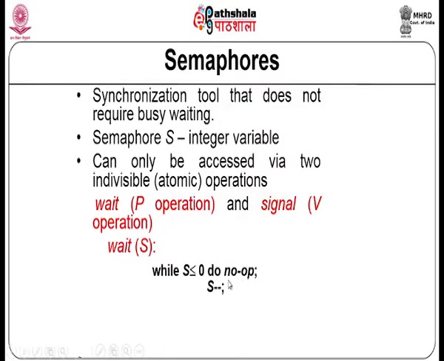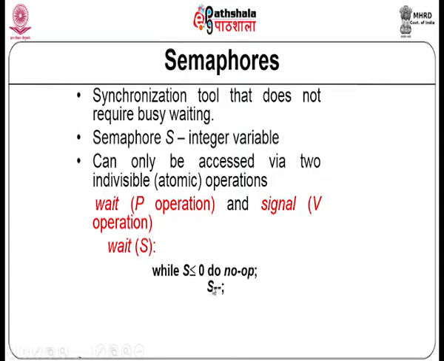The implementation of the wait operation on the semaphore will look something like this. You have the semaphore S, and you will have some initial value of the semaphore. Any process which wants to enter the critical section will first perform this wait on the semaphore. It will check if the value of S is less than or equal to 0. If the value is less than or equal to 0, it will do no operations and keep on waiting.